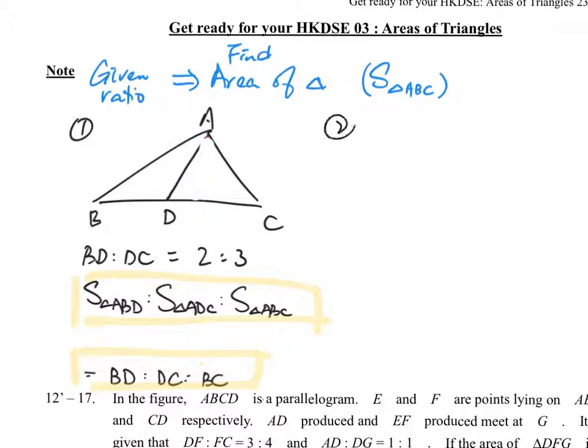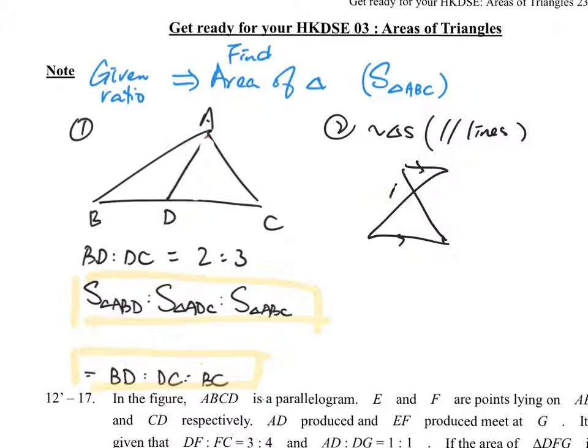The second technique is about similar triangles, which normally happens when you have parallel lines in the question. For example, now you have a butterfly shape, with triangle ABC on top and triangle ADE at the bottom. Because of the parallel lines, angle B is equal to angle E, angle C is equal to angle D, while angle A is a pair of vertically opposite angles.